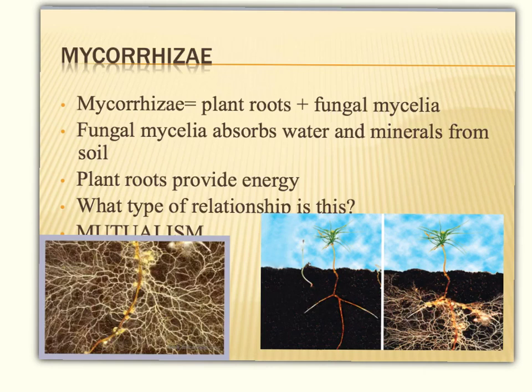The mycelia help absorb water and minerals from the soil. And the mycelia get energy from the plant roots. Both are benefiting, so we have a mutualistic relationship. It's really good for the mycorrhizae to be on the plant roots.